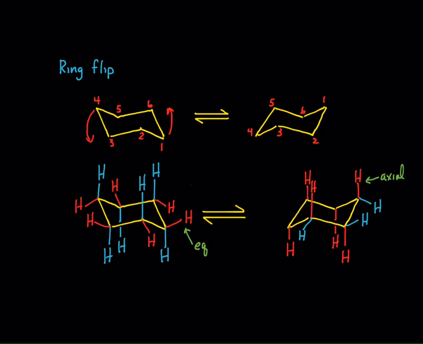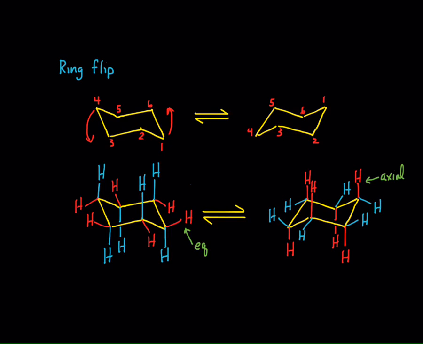Right? So there's C1, C2, C3, equatorial. C4 is now equatorial, which was axial. C5 is equatorial, right? Again, pointing down. And lastly, C6, which was axial, is now equatorial and pointing up, okay?